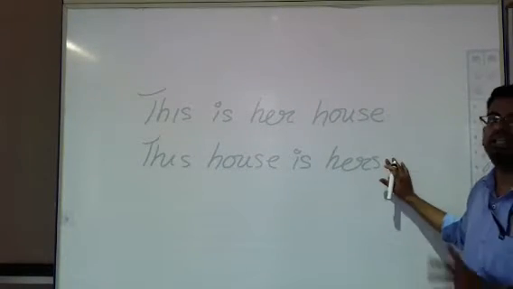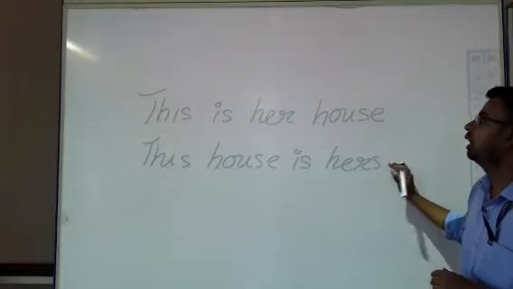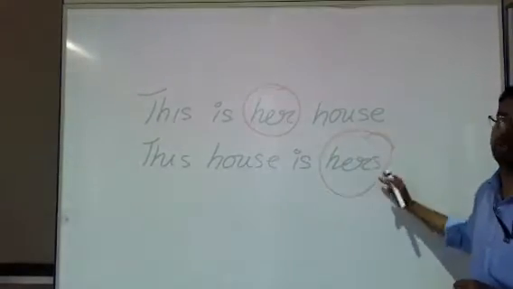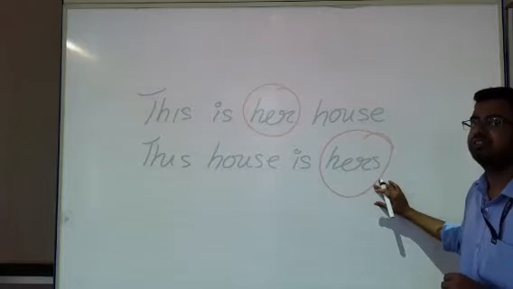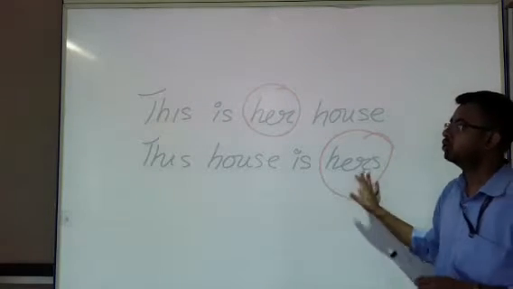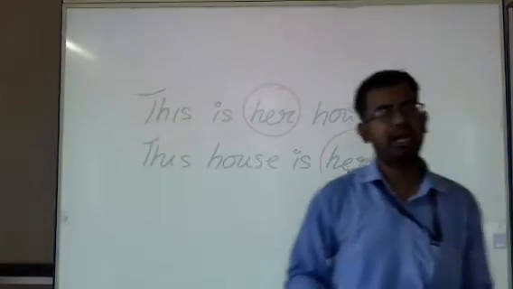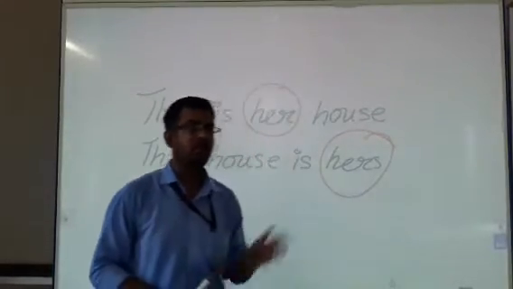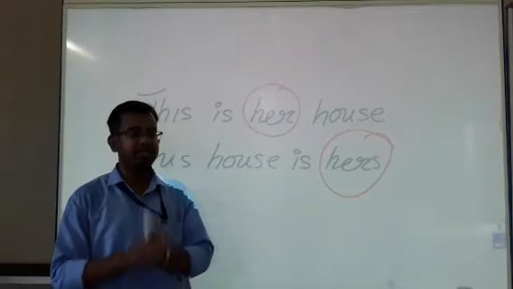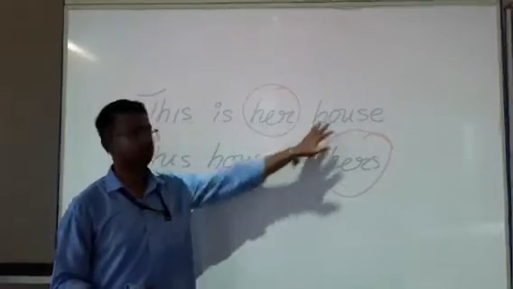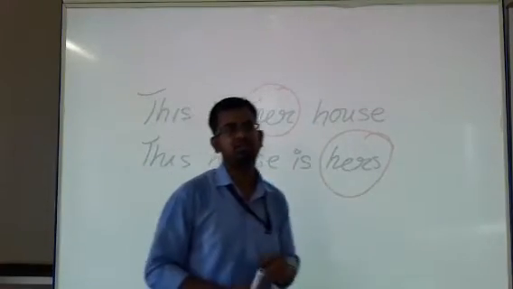If you look at this example carefully, you can understand that her and hers are both possessive determiners which are used in different forms, as it can be used as a pronoun or as an adjective, but both will determine the possession of the noun house. Clear, students?